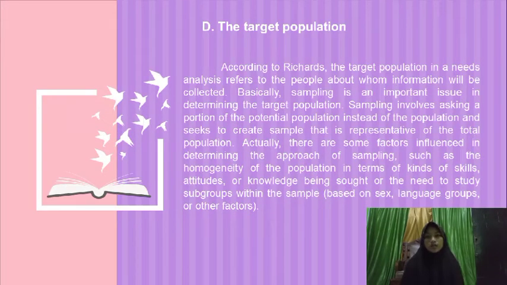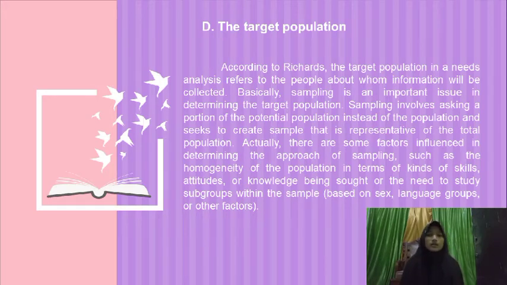The target population. According to Richards, the target population in a needs analysis refers to the people about whom information will be collected. Basically, sampling is an important issue in determining the target population. Sampling involves asking a portion of the potential population instead of the whole population and seeks to create a sample that is representative of the total population.